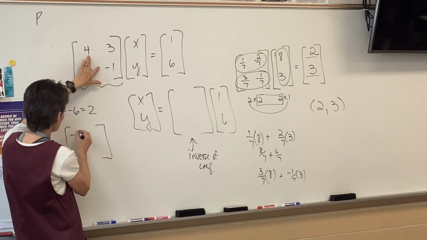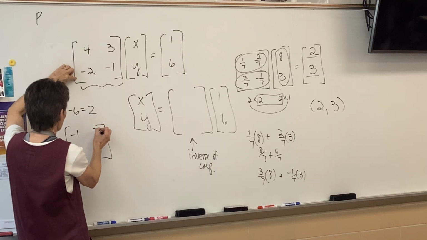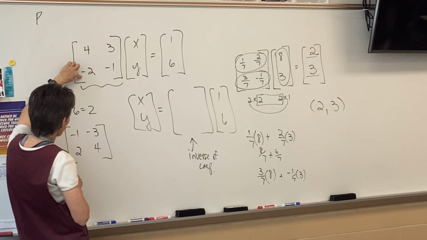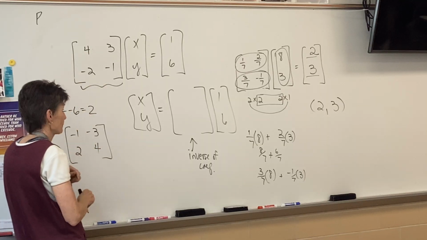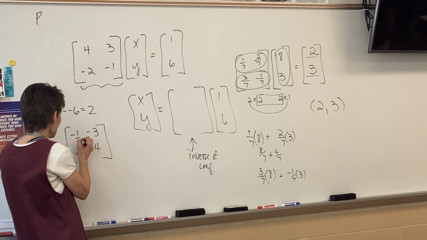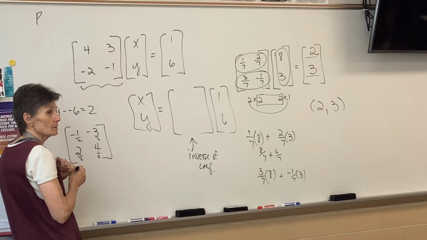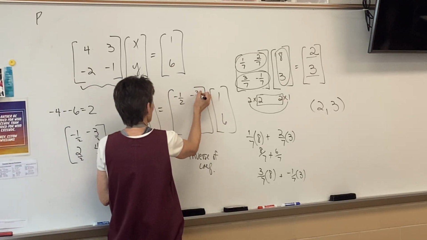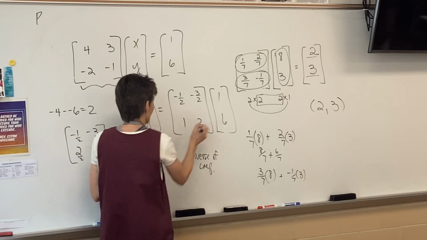So these 2 switch places, and these 2 change signs. That becomes positive, that becomes negative. And then I divide everything by 2. So my inverse is -1/2, -3/2, 1 and 2.